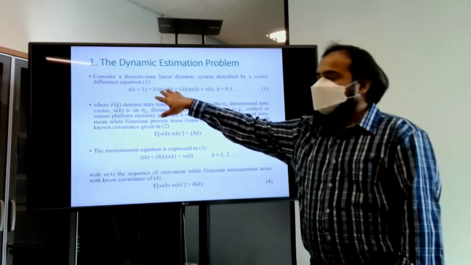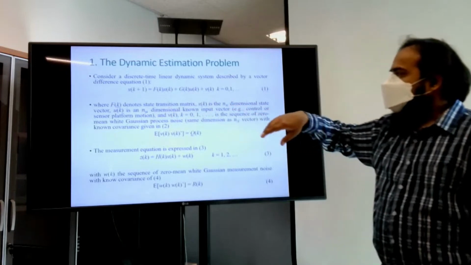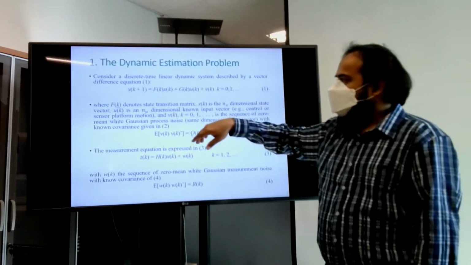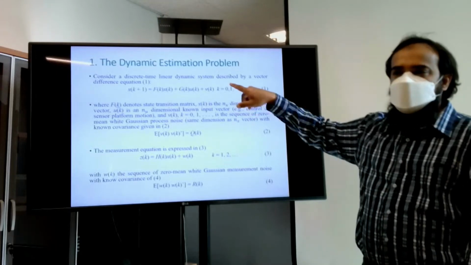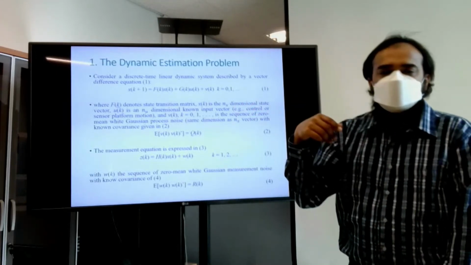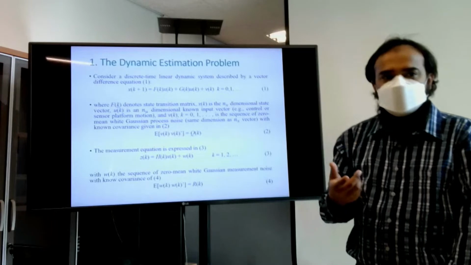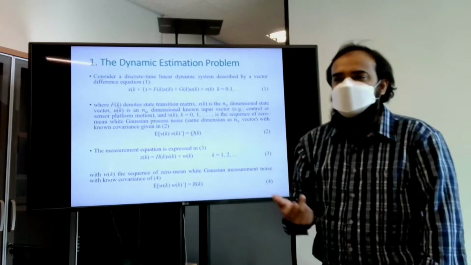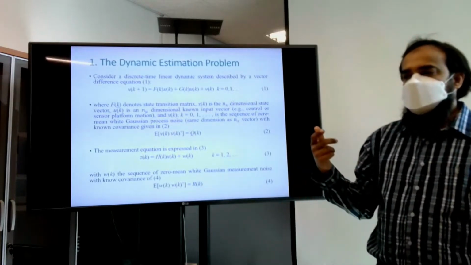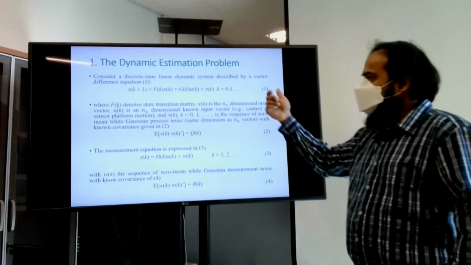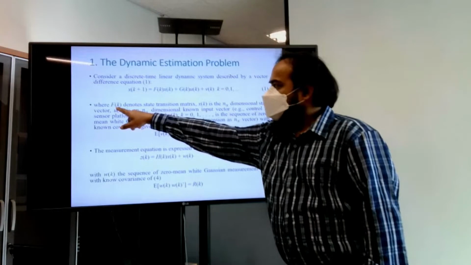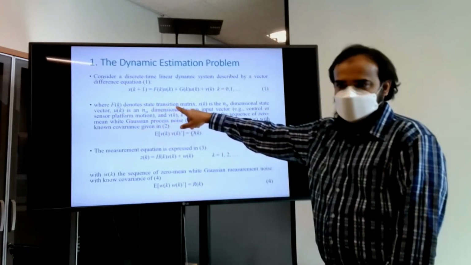We say that this is the object model equation, object dynamic equation, or sometimes just the mathematical dynamic equation. Here Fk denotes the state transition.